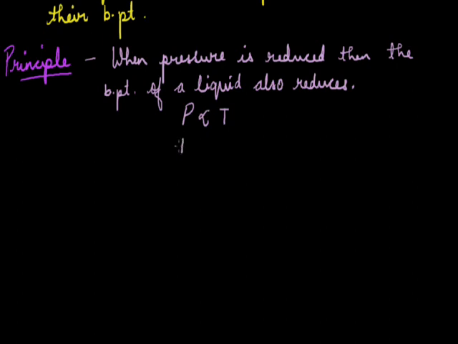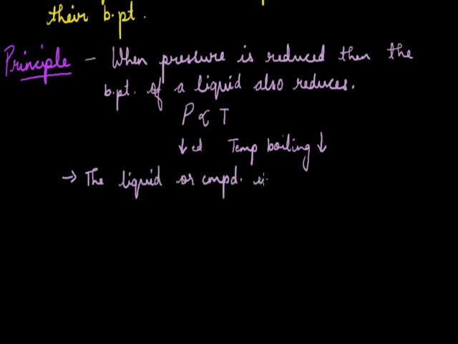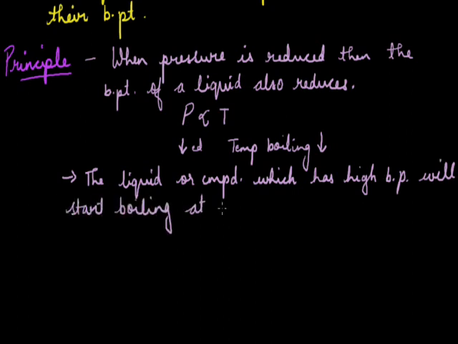As we reduce the pressure, the temperature at which the liquid boils, or the boiling temperature, also will decrease. So now due to this, the liquid or compound which has high boiling point will start boiling at low temperature.